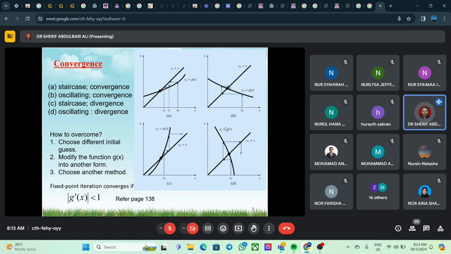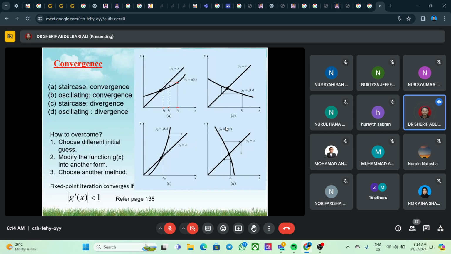Okay, so the convergence of the open methods could happen in the form of a staircase or oscillating mode. The same goes for divergence, which could happen in the form of a staircase or oscillating mode. If you are looking at convergence in the form of a staircase, this is your initial value. The next points that you find are x1 and x2.